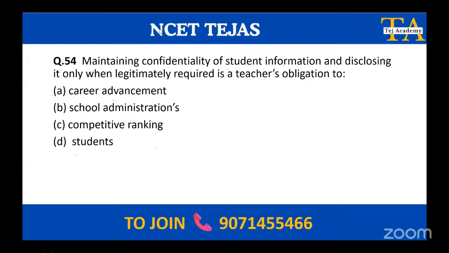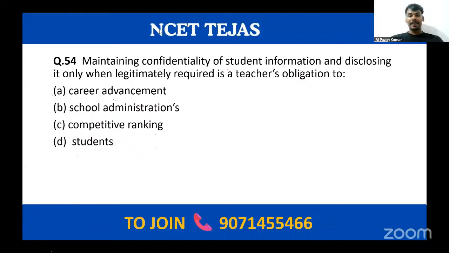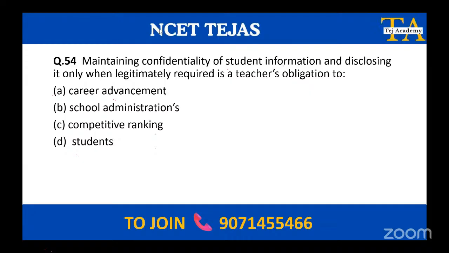So Purvika says option C, competitive ranking. What about others? Option B, sir, school administration. Soumya says option D. Pratyusha and Purvika have also said option C. Rajata and Shashivardhan have said option D. Yes, Pratham also says option D. Shailaja says option B, school administration.